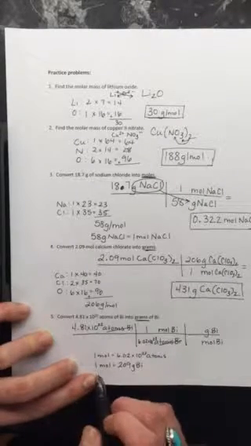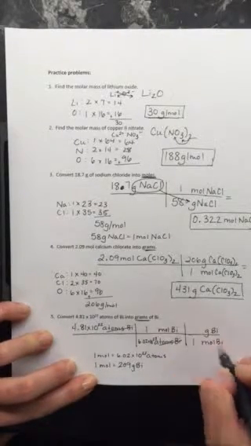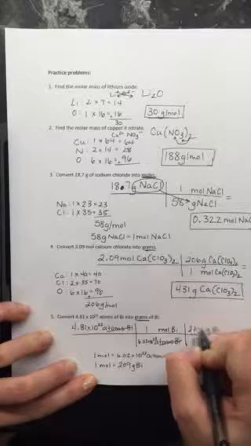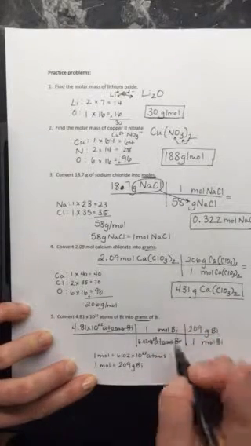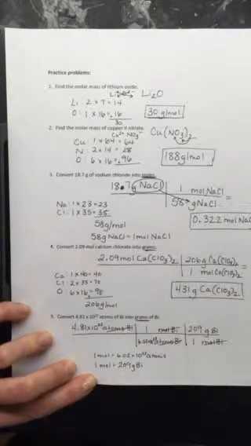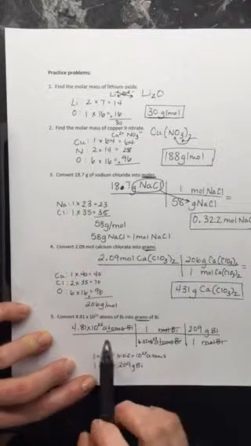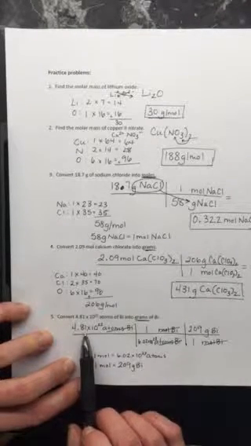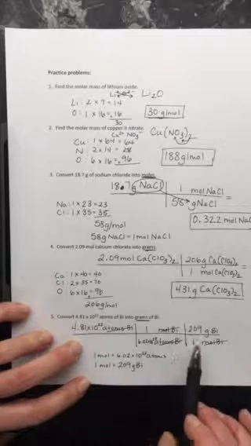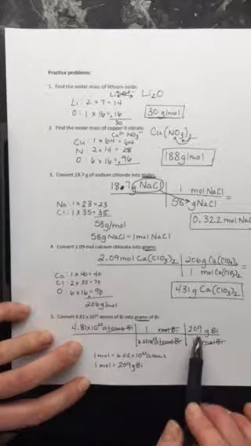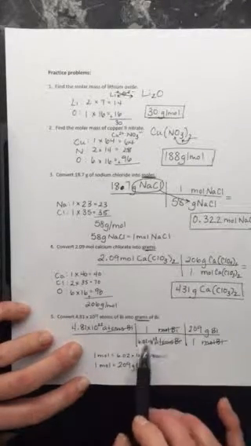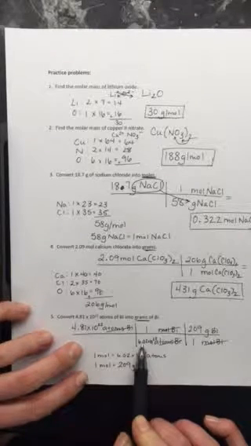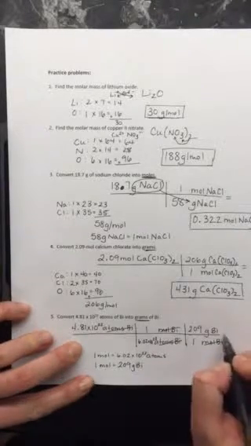We just looked up bismuth on the periodic table. 1 mole weighs 209 grams. Now our moles of bismuth will cancel out. So we're going to take 4.81 times 10 to the 22nd times 1 times 209. Then we're going to divide that by 6.02 times 10 to the 23rd times 1.